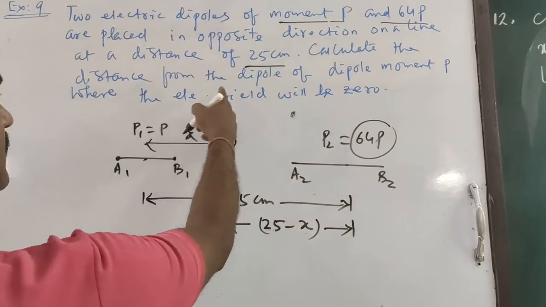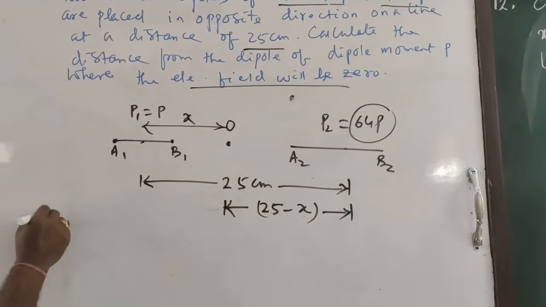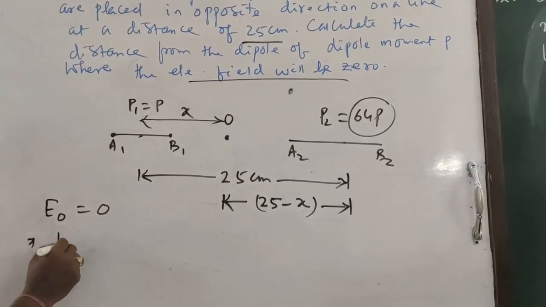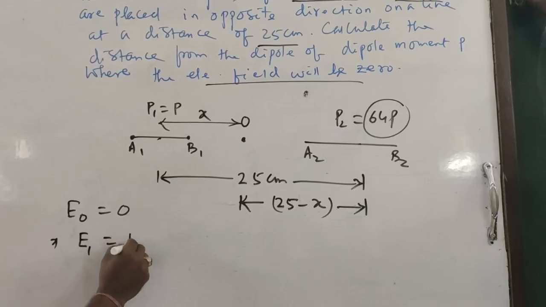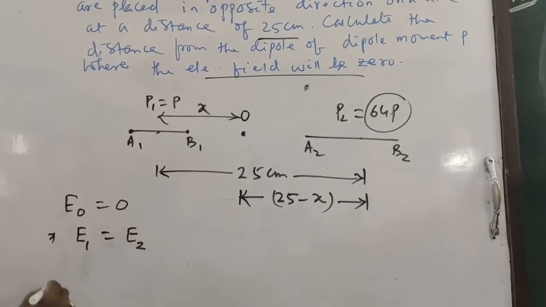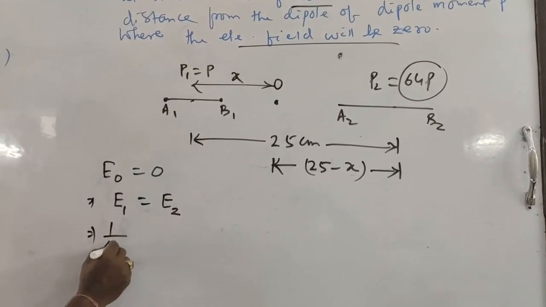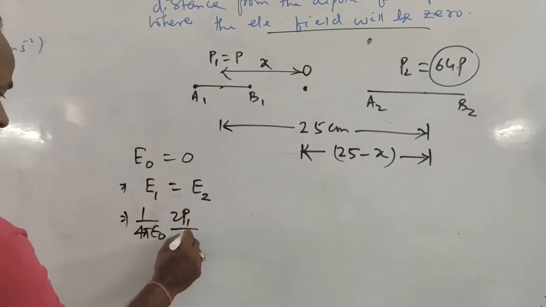Given that the net electric field strength at O is 0, the electric field produced by the first dipole at point O is equal and opposite to that of the second one.